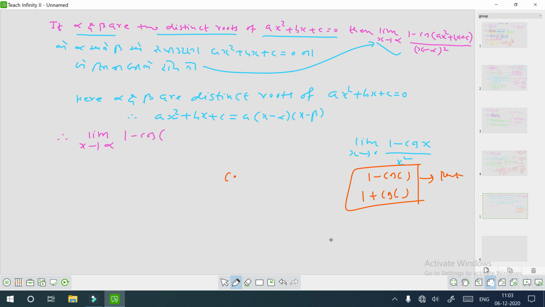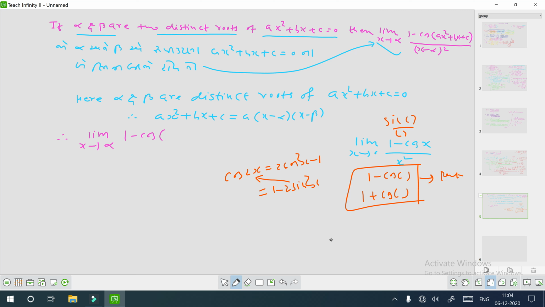See, cos 2x is equal to 2 cos square x minus 1, and 1 minus 2 sin square x is also there. So I am using this form because we have a standard form in terms of sine.